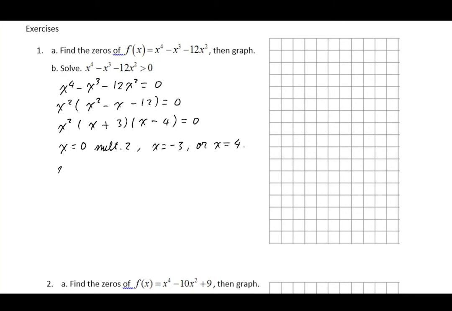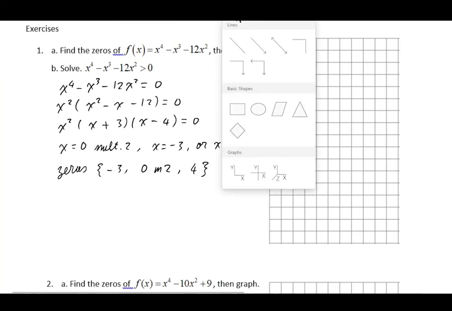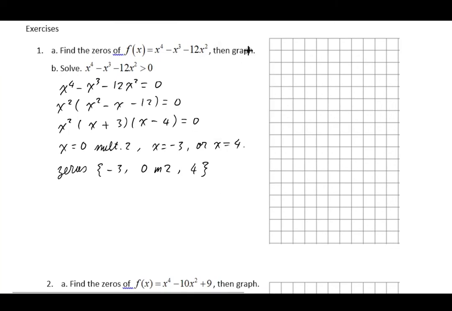So our zeros in ascending order are -3, 0 with multiplicity 2, and 4. Now, what does the graph of that look like? Let's sketch it right here.